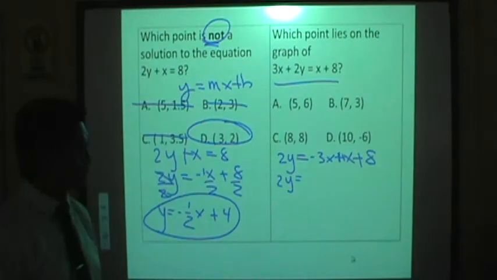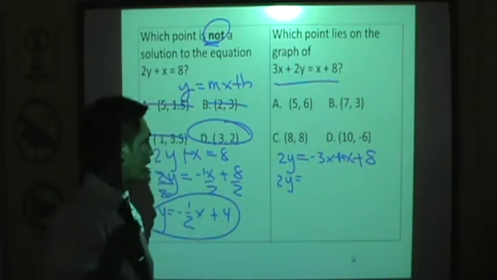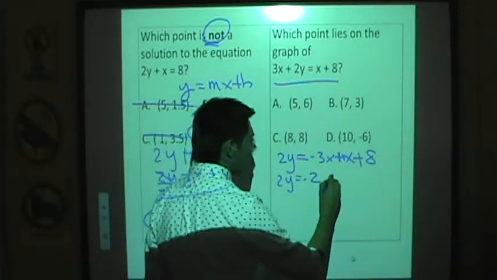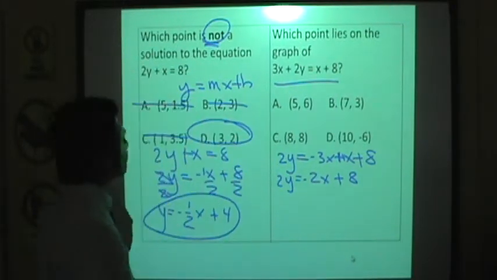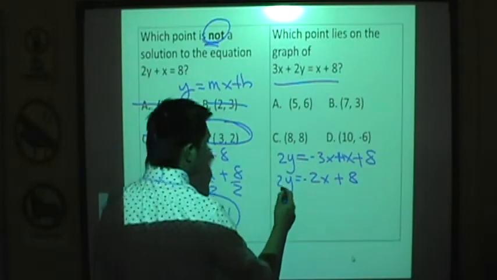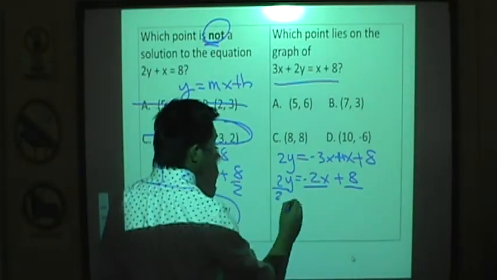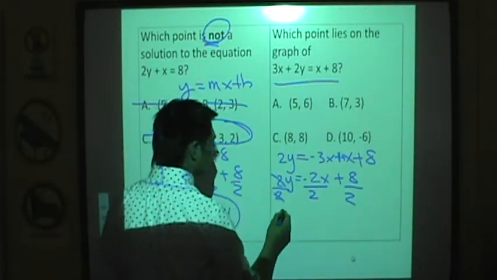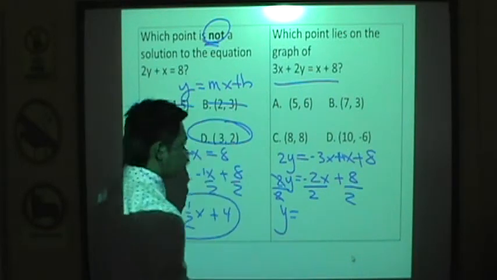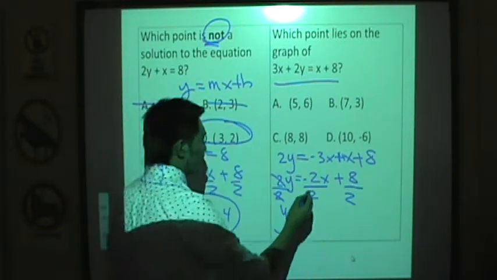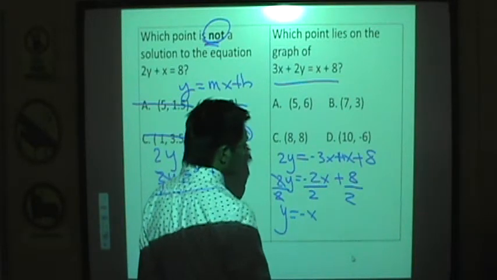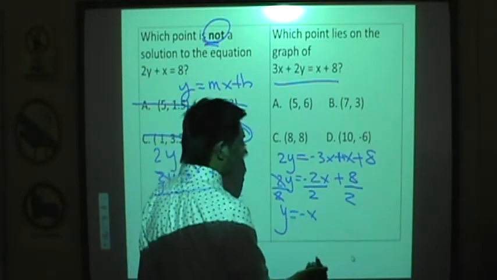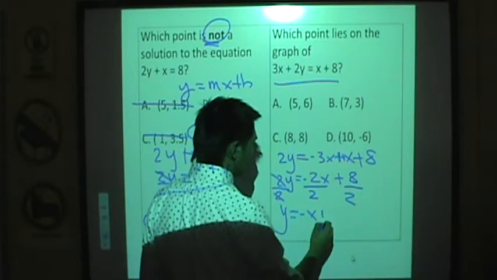Negative 3 plus 1, using your mental math and calculator, is going to give you negative 2x plus 8. Okay? And now, because we're solving for y, we just have to get rid of that 2. So y is equal to, here we go, negative 2 divided by 2 is negative x, or you have negative 1 there. And then 8 divided by 2 is 4.